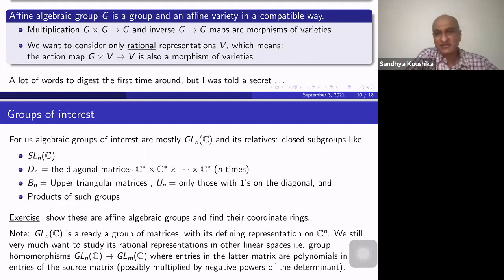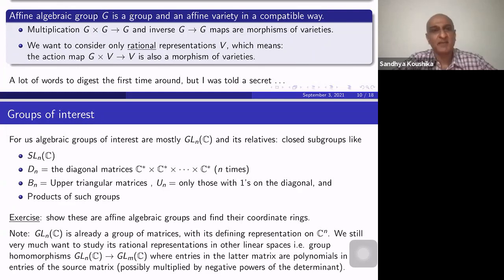So all that it means, if this is to be a map of algebraic varieties, there is going to be a comorphism. If I take the coordinate functions in the target matrix, so m square functions, and pull them back, they are going to be some functions of the n square entries of the source matrix, and I want all of these to be polynomial functions.